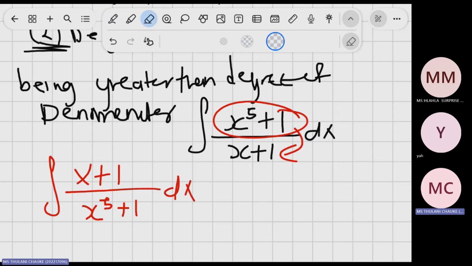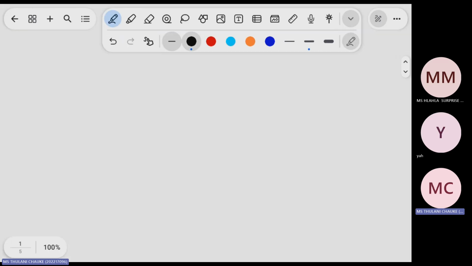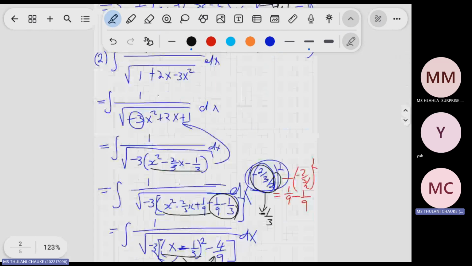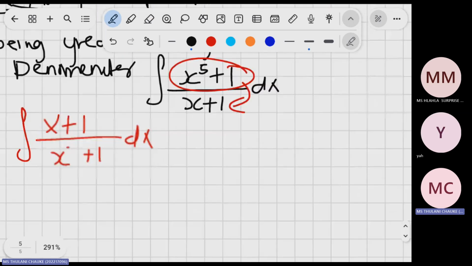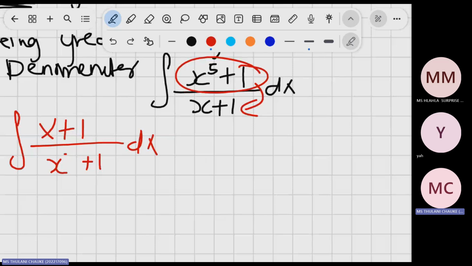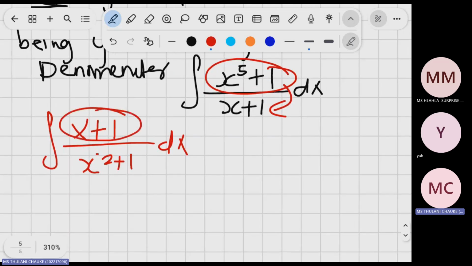Let's say you have this one. Let me change this one to be 2 so that I can show you. Let's say this one was 2. If it's like this, you see the degree of the numerator is less than the denominator.